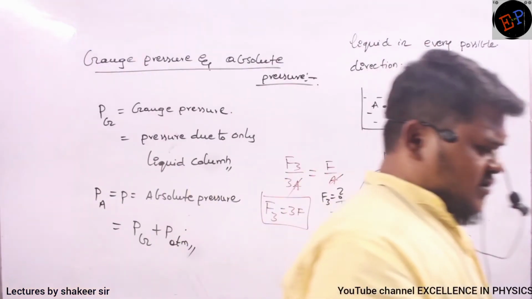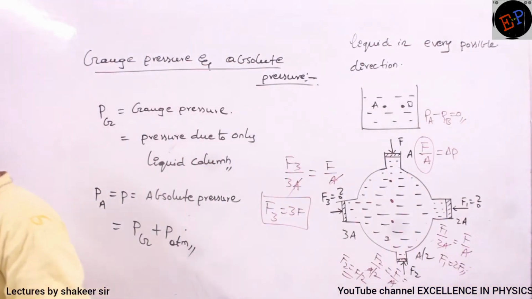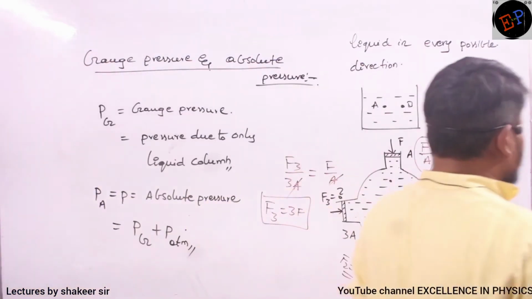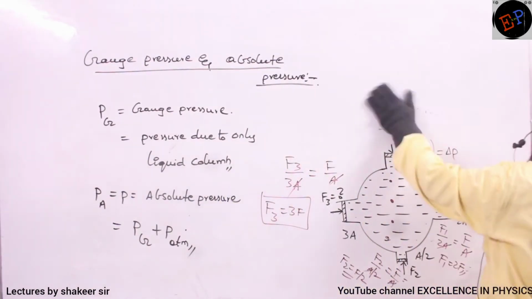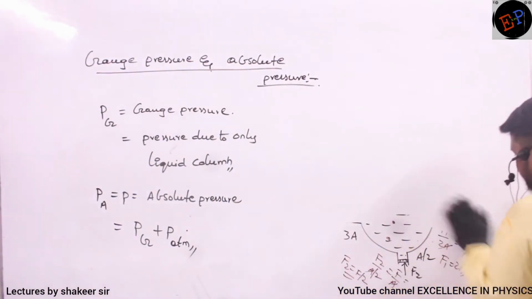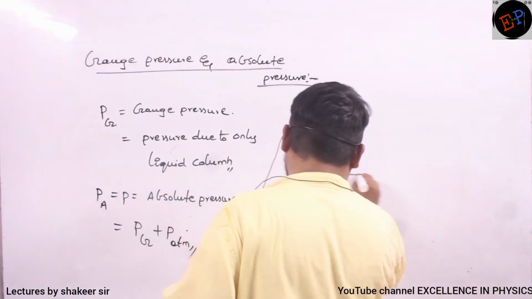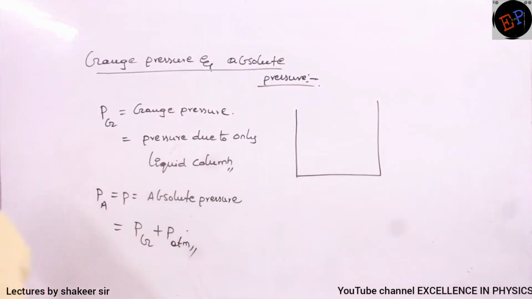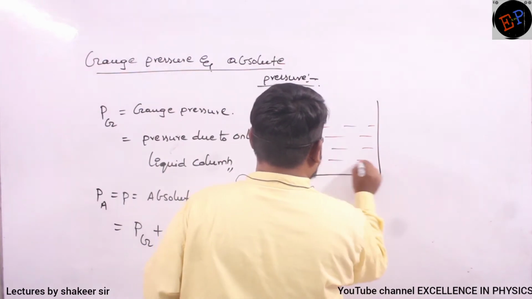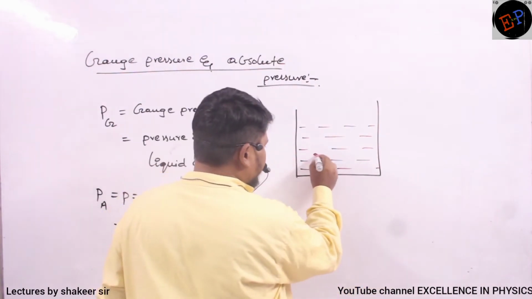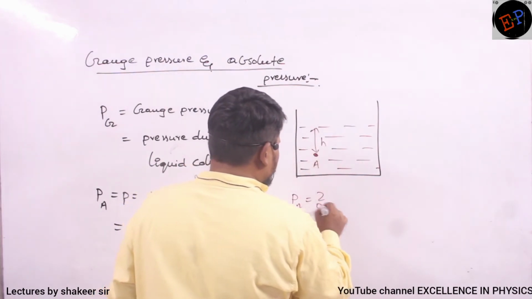First of all, let us try to understand why we got atmospheric pressure also in this statement. We will try to understand with the help of Pascal's second statement. Answer very carefully. If I take this as a container, in which liquid is present, then at point A, which is at a depth of h, if I calculate the pressure, how much will the pressure be?